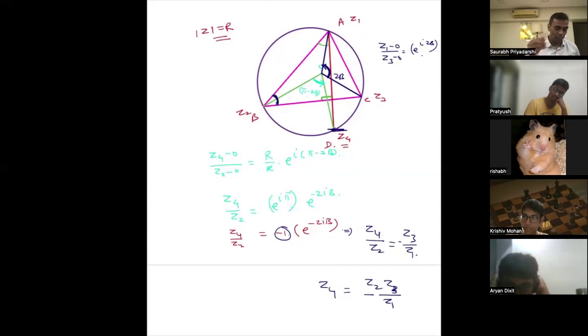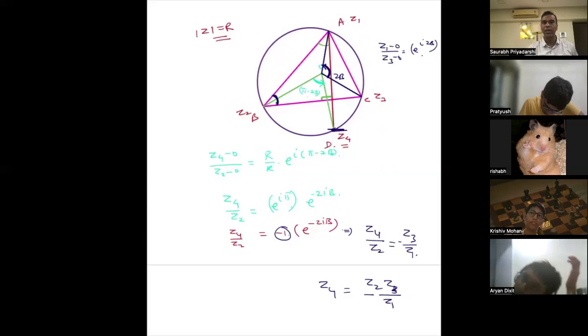Everyone try to prove this. The reflection of D with respect to BC is the orthocenter. Try to prove this. Let me say it once more: the reflection of point D with respect to line BC is always the orthocenter of triangle ABC. Everyone, try to prove this. Important result and very simple one.